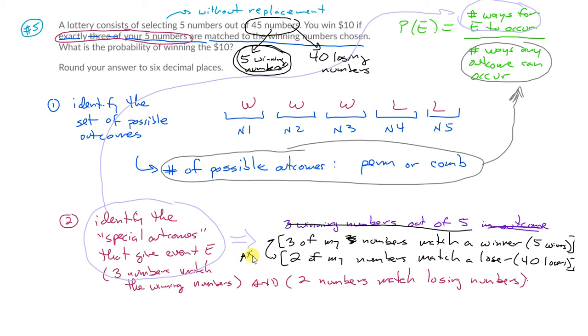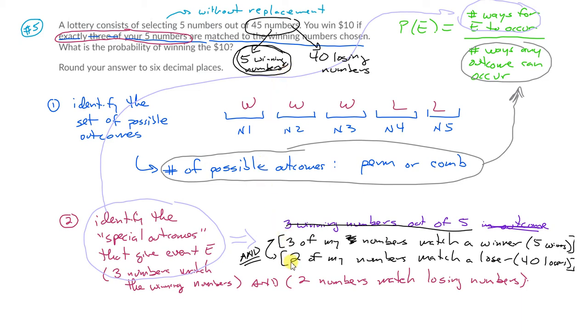Remember what and means? And means, if you recall, that you multiply. Okay? So I need to figure out how many ways can 3 of my numbers match one of these 5 winners that the lottery selected?